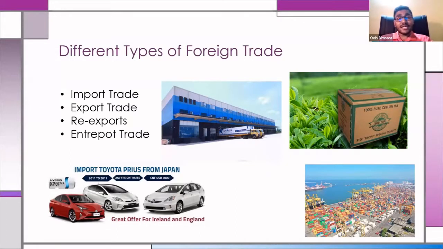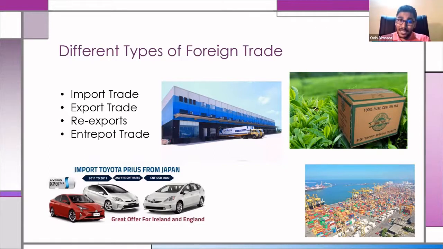But let's take another example. Let's say you are importing 100 tables from China and it is stored in the Haley's Advantage free zone, 100 tables. Now, within this warehouse, you are going to paint these 100 tables with red color. So it is going to be painted. Now you are doing a change here.